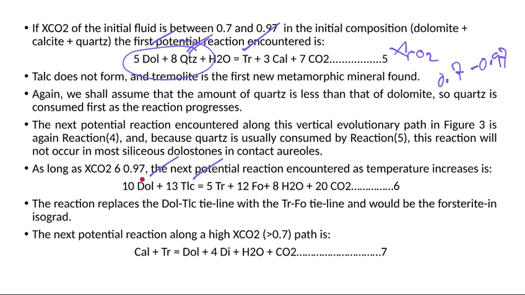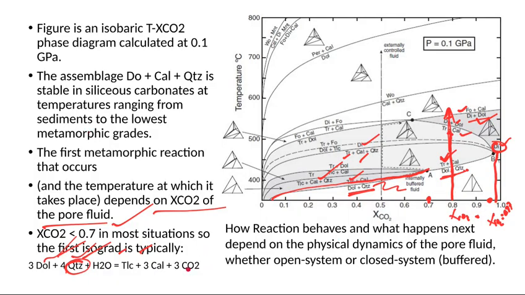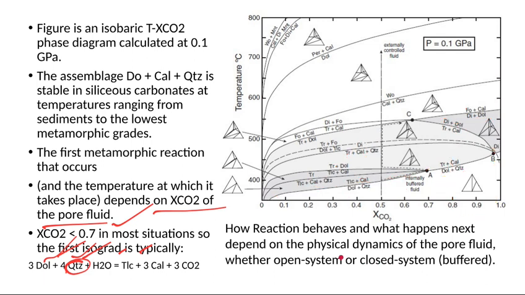As long as XCO2 is below 0.97, the next potential reaction encountered as temperature increases is dolomite plus talc. Let me see the grid diagram. This is the first reaction: dolomite plus quartz gives tremolite plus calcite. After that, tremolite plus calcite will give diopside. That should be the reaction.